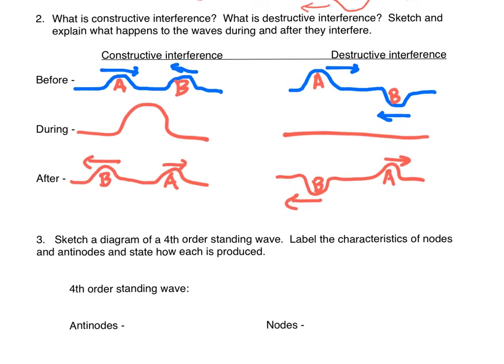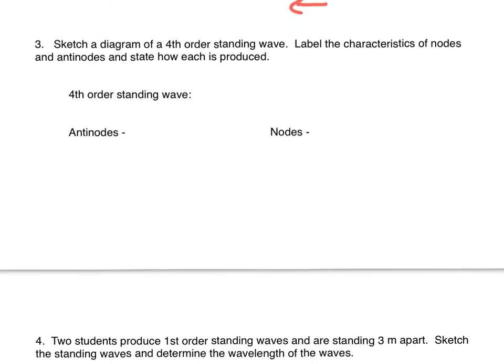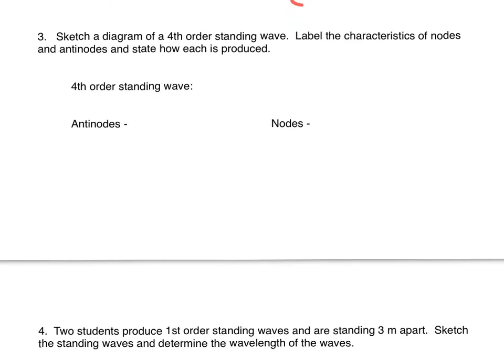All right, now we're on to some standing wave problems with number 3. It says, sketch a diagram of a fourth order standing wave, label the characteristics. So here's fourth order. We'll just kind of loop it along like this. There's 1, 2, 3, 4 antinodes that we have here.